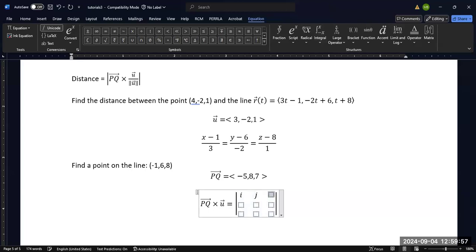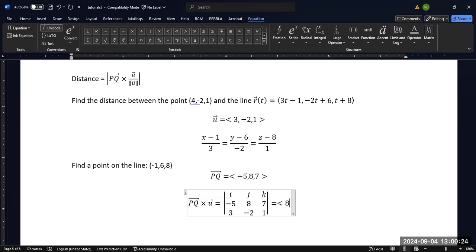So we've got I, J, K up here. And then PQ, -5, 8, 7. And then U, 3, -2, 1. And I'm going to get, for my I component, 8 times 1 is 8.